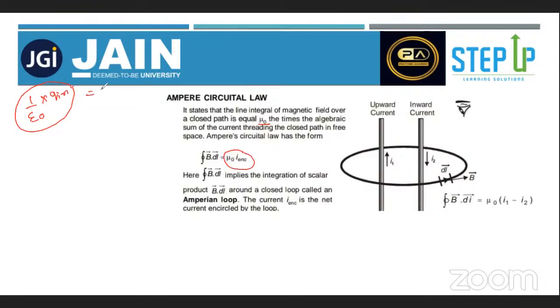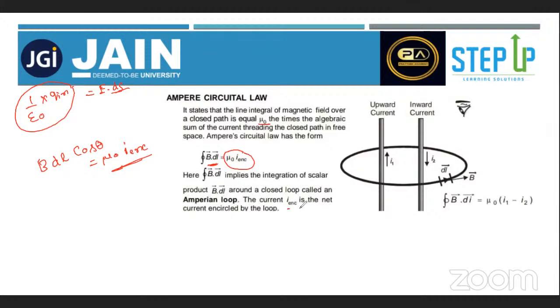There we used to write electric field into area. Here we write magnetic field into length. So that's Ampere's Circuital Law, where we write B dot dl, or B dl cos theta, equal to mu naught I, whatever is enclosed. This implies the integration of the scalar product around the closed loop, which is known as the Amperian loop.